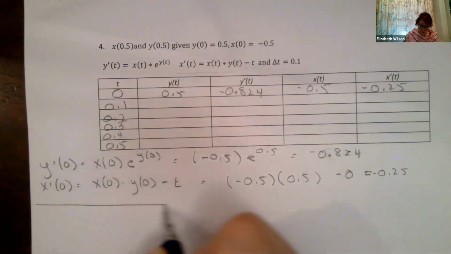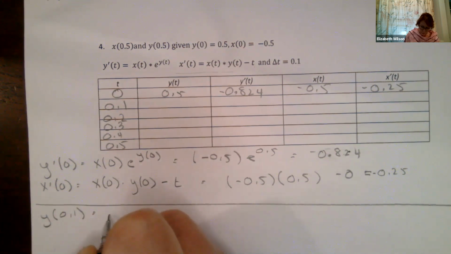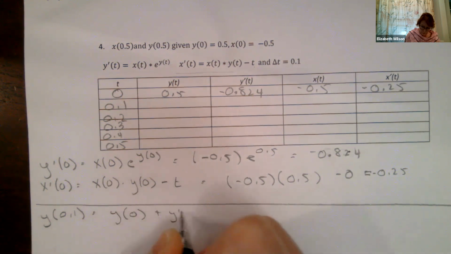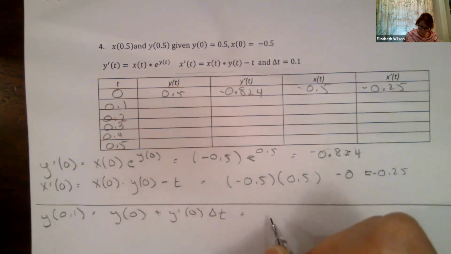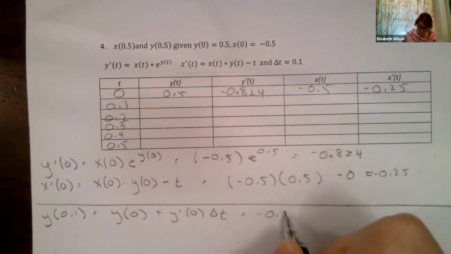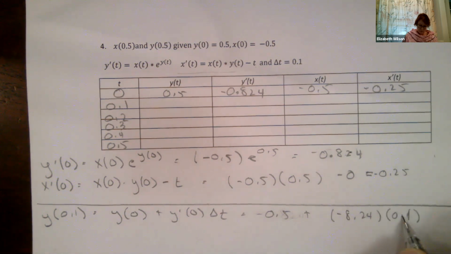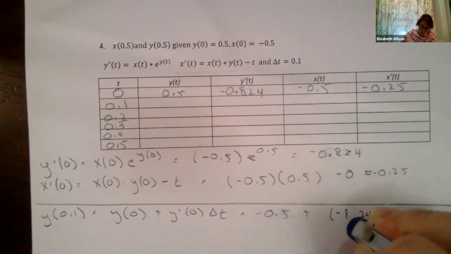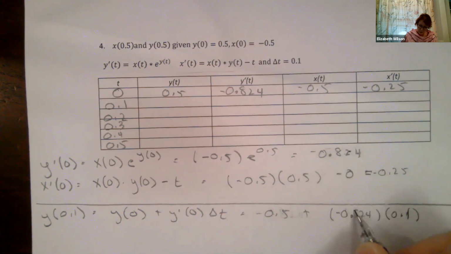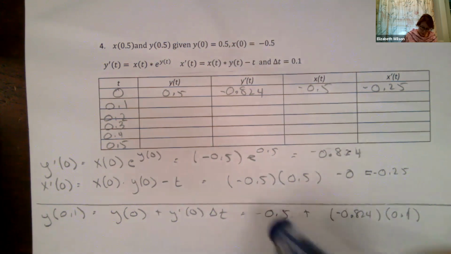All right, next one up. Oops. I keep putting the decimal in the wrong spot. This is a positive 0.5.